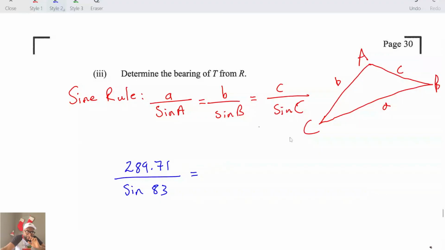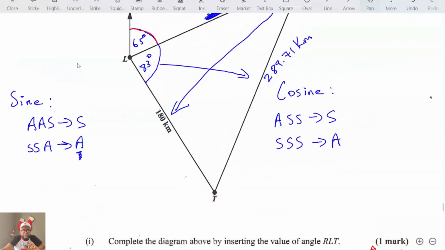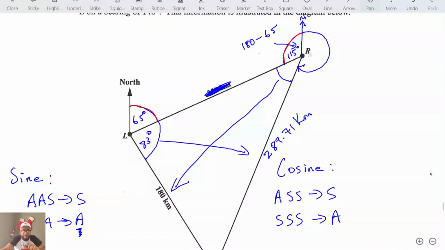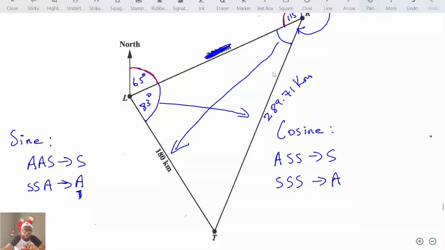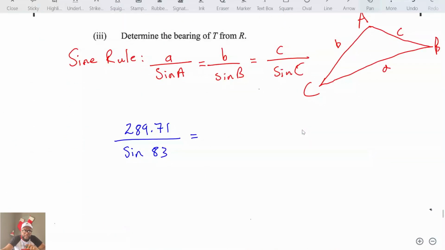We're using capital R and small r, so using 180 and the angle we want to find, which is LRT. So I'll put 180 over sine LRT. That's what we want to find.